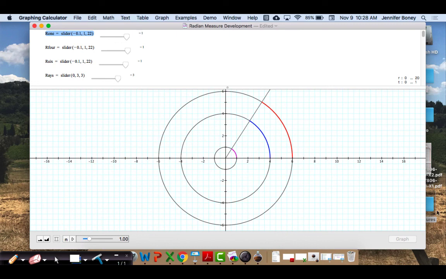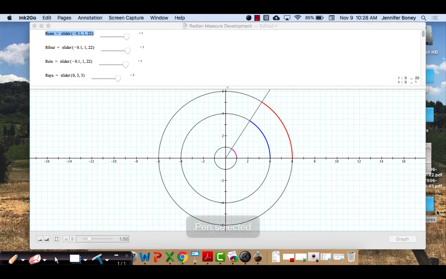So this central angle here that makes these arc lengths here, so the central angle that this ray forms at this point in time is 1 radian, because the arc that it makes is 1 radius length long, or 1 radius length around the circle corresponds to 1 radian angle measure.